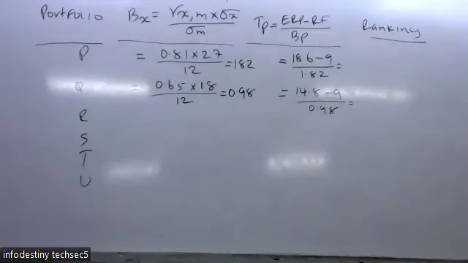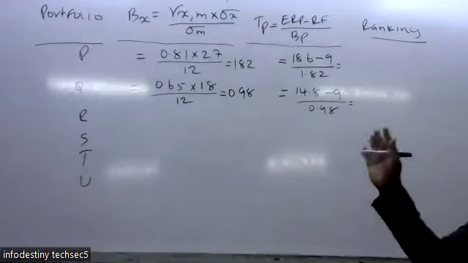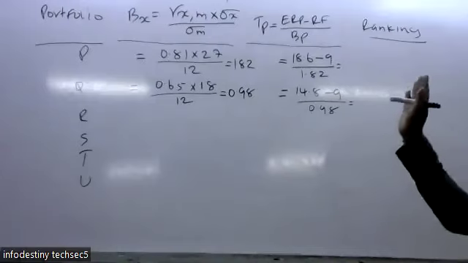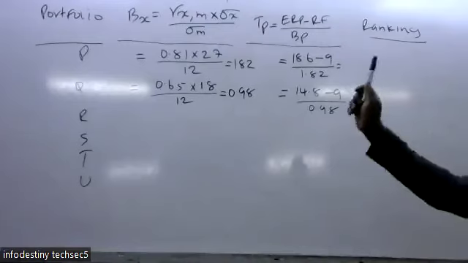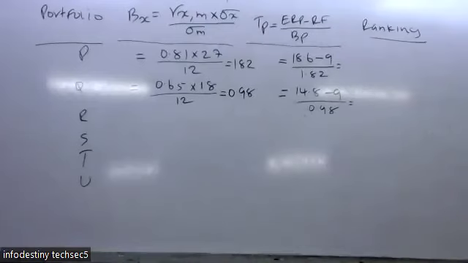That's the major difference because of the measure of the risk. When you are using the Sharpe, it is the standard deviation. When you are using the Treynor, it is the beta factor.